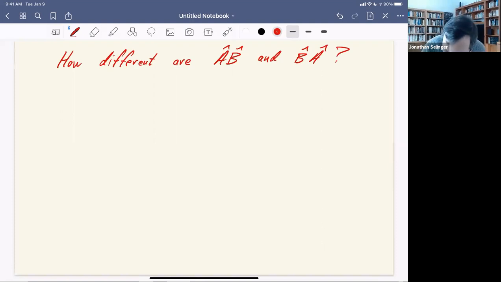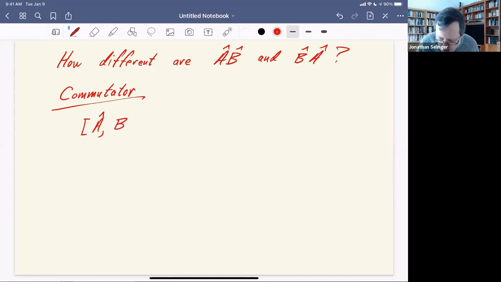The mathematical concept for that is called a commutator, which is written like this with square brackets, and then you write one operator comma, the other operator, and close square brackets. And this is defined as AB minus BA.